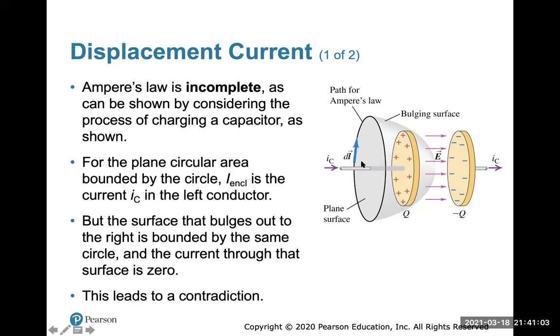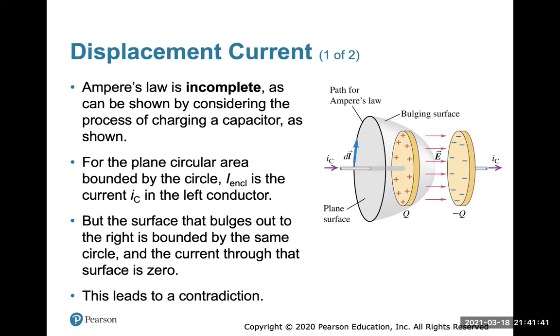We could bulge that surface out so that it passes to the right of the positive capacitor plate, which means there is no wire carrying current that passes through this soap bubble surface. This outer surface does not have a current passing through it. This surface does. So which is it?